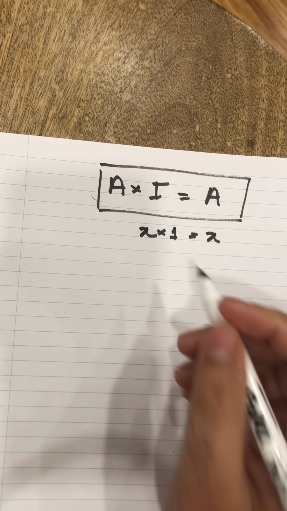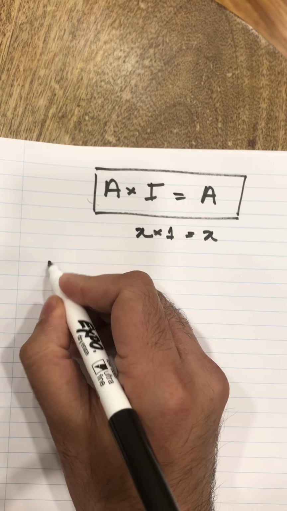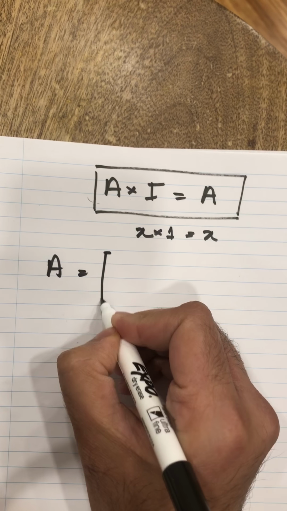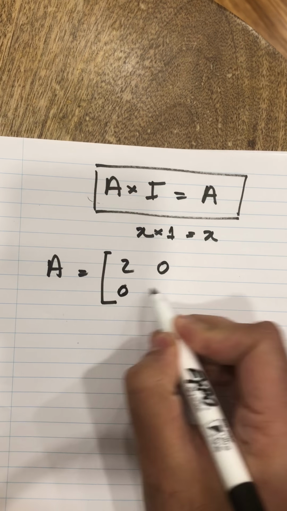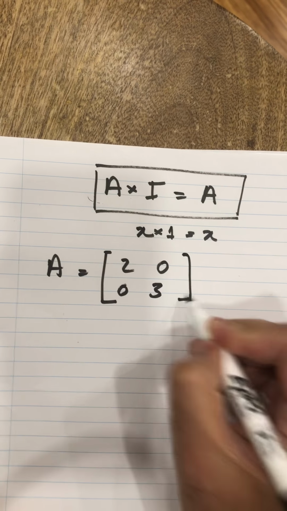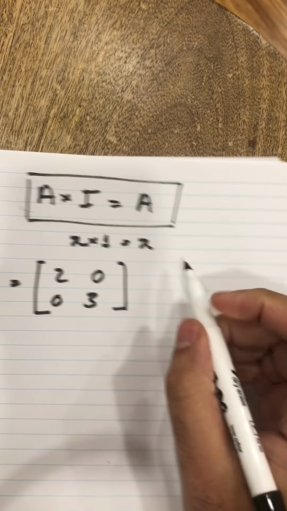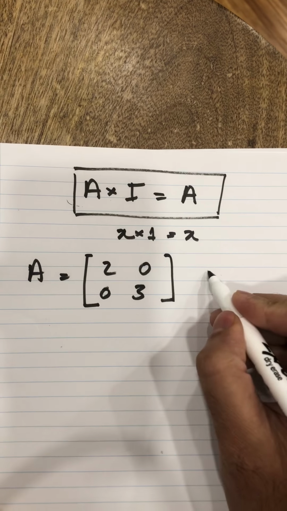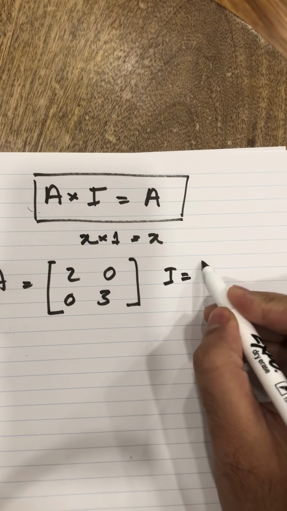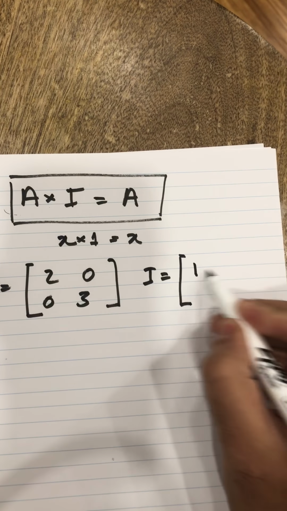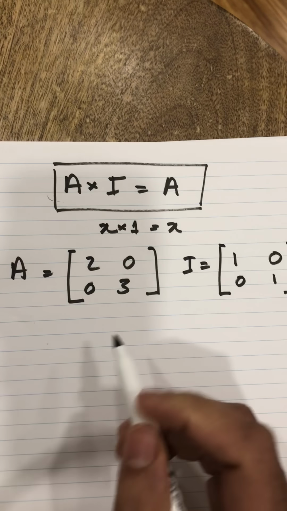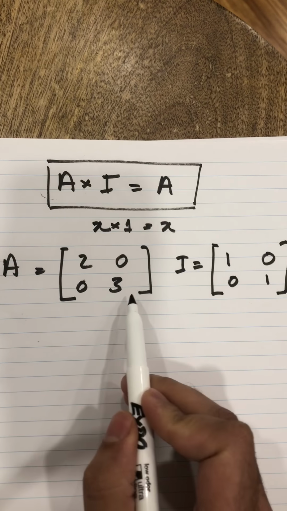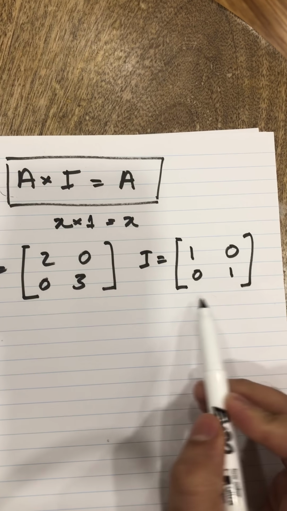So let me show you a quick example of this. Suppose you have a matrix A, which is 2 0 0 3, okay? According to this rule, what would this mean if you multiply A with the identity matrix, which is also 2 into 2? So you have a matrix A and then you have the identity matrix.